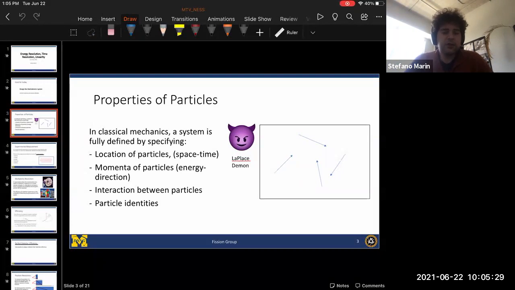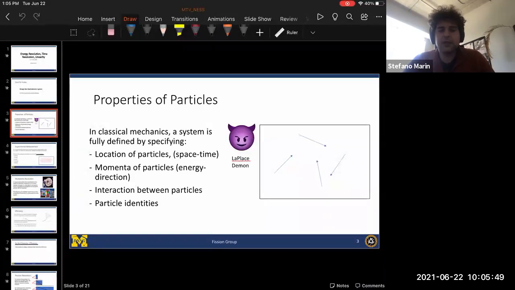All these properties are thermodynamic properties. They arise when you have many, many things together. They're not properties of particles. In nuclear engineering, nuclear physics, and particle physics, we're really interested in the single particle. So it doesn't make sense to ask what is the temperature or what is the color.